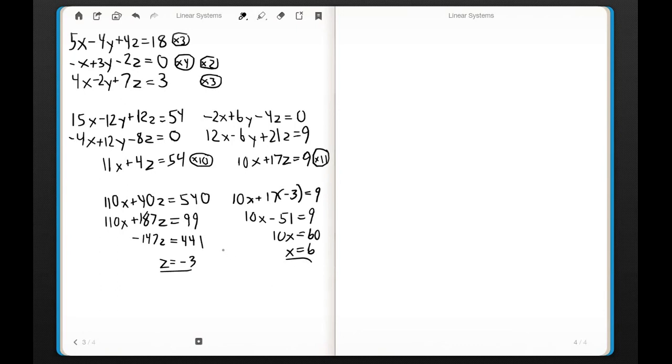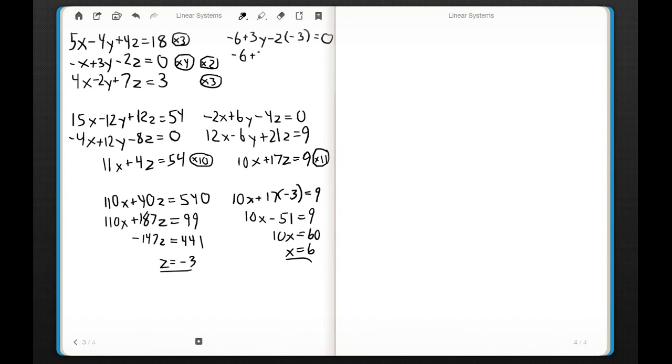And now we just need y. So let's go back up here and pick an equation, any of these equations. They all have all three variables, so we can use any of them. So let's pick the second one here. Negative x, careful here, negative times x of 6 plus 3 times y, we don't know what y is, minus 2 times z of negative 3 equals 0.